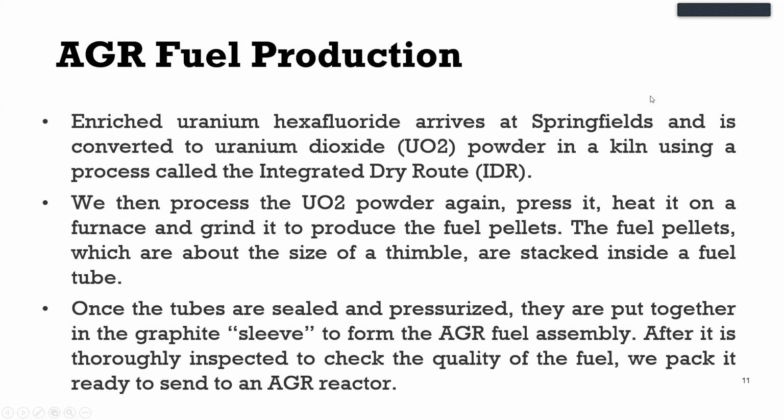The fuel pellets, which are about the size of a thimble, are stacked inside fuel tubes. Once the tubes are sealed and pressurized, they are put together in a graphite sleeve to form a gas-cooled reactor fuel assembly. After it is thoroughly inspected to check the quality of the fuel, we pack it, ready to send to the reactor.